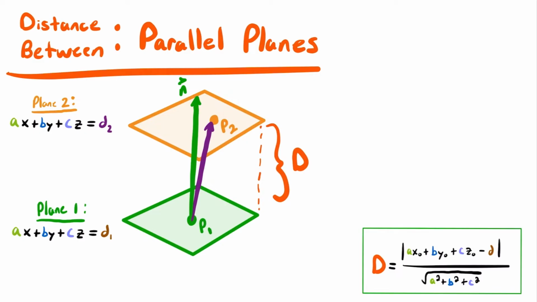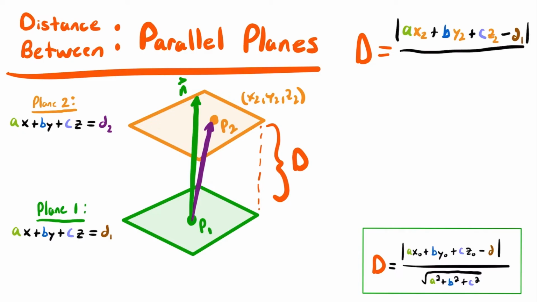So if point P2 has coordinates of x2, y2, and z2, we would say that the distance is equal to the absolute value of a times x2 plus b times y2 plus c times z2 minus d, which in this case, that value of d would come from plane 1, right? The plane that we are using to measure the distance to that point P2. So that value of d would be d1. So I'll write in minus d1, and then we have the absolute value of that divided by the square root of a squared plus b squared plus c squared.